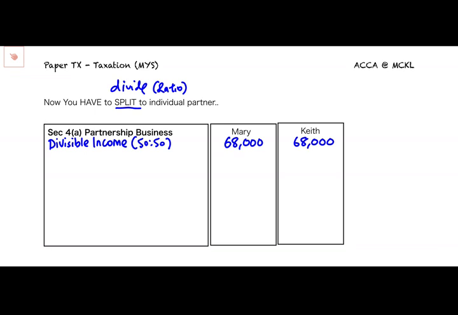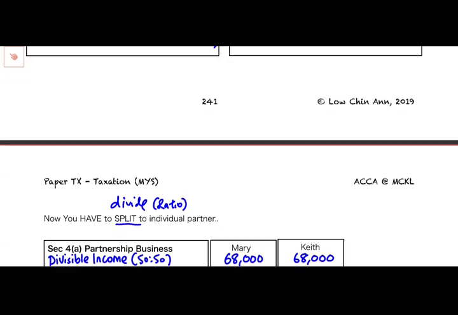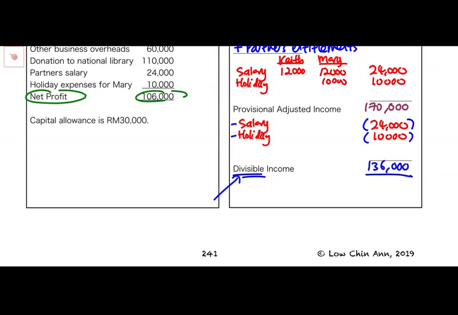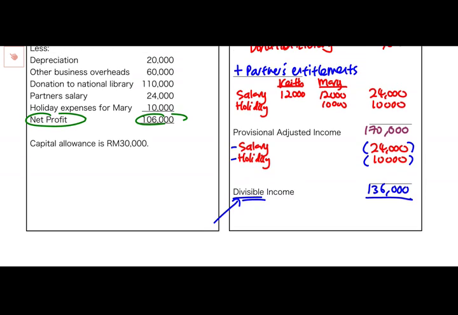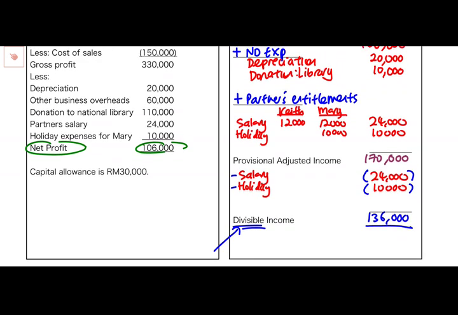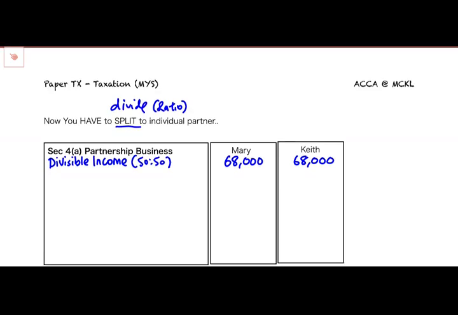Okay? Now, the partners are not just having the divisible income. The partner has also taken salary, taken all these private expenses, and all these should only go back to the individual partner. That's why the steps will now show you how much you have given to Keith and how much you have given to Mary. Now take this amount and give it back to them.